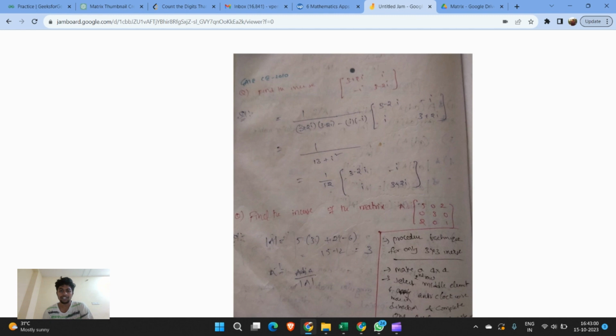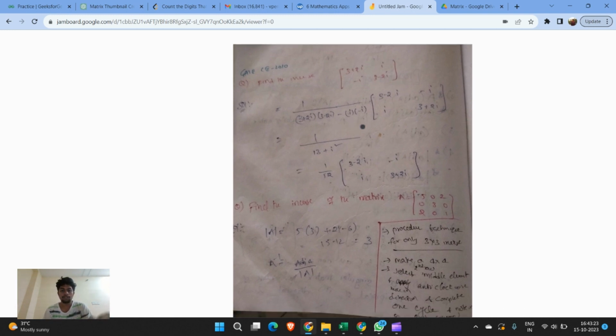Consider this as A, B, C, D. Then AD minus BC, you all know how to find the determinant of 2 by 2, same thing. And after that D, minus B, minus C, A. If you solve like this, you can find the inverse of the 2 by 2 matrix. Simply, you have to apply that logic.